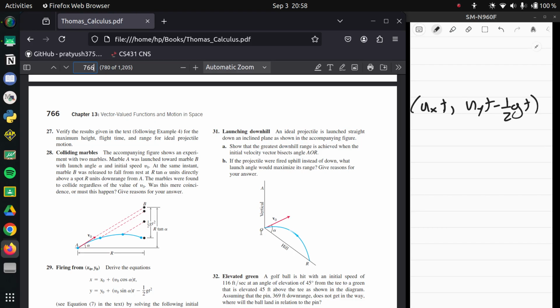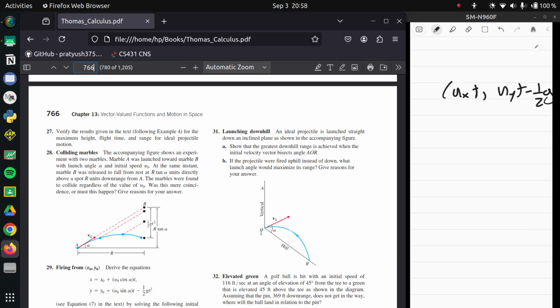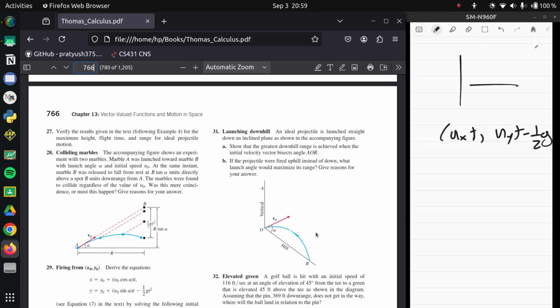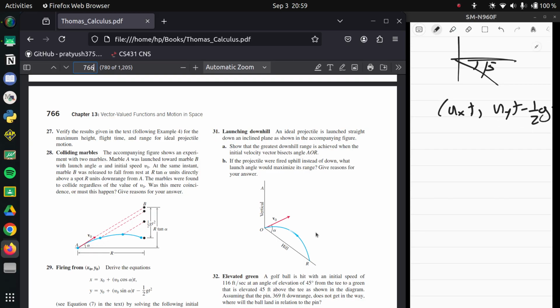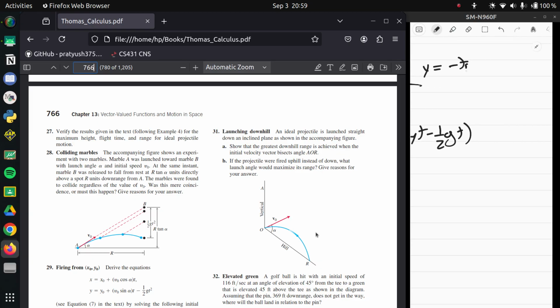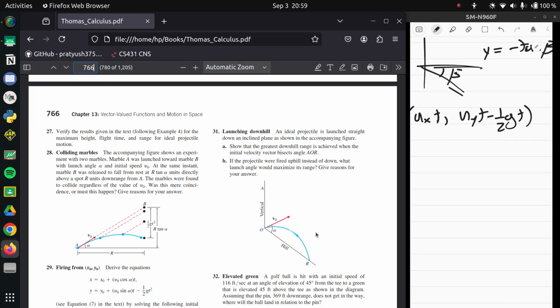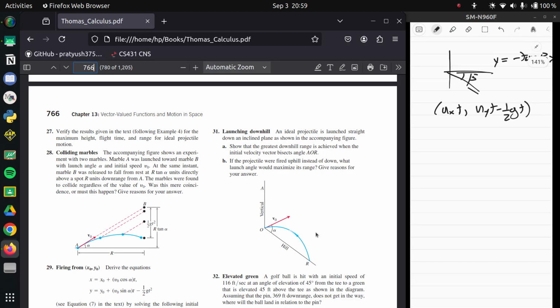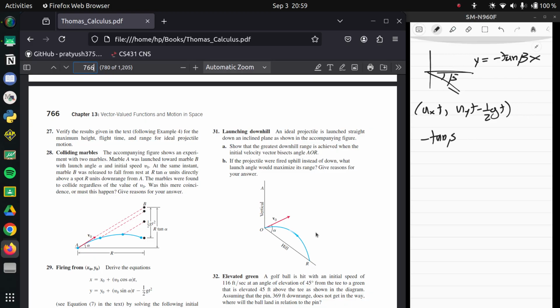We want to find when this thing is making alpha, and let's just call this angle beta. So you would have y equal to minus tan beta times x as this line. So you want that to happen, right? It's minus tan beta times x.